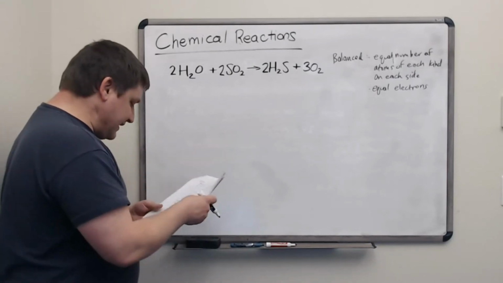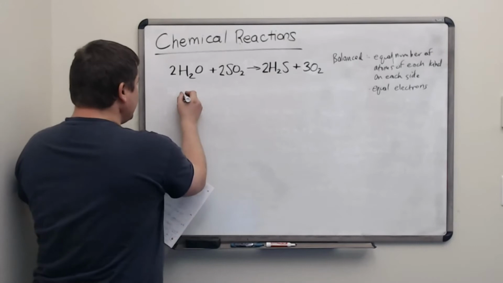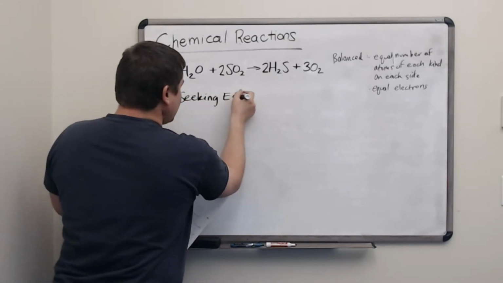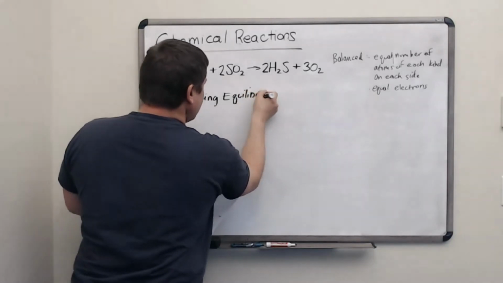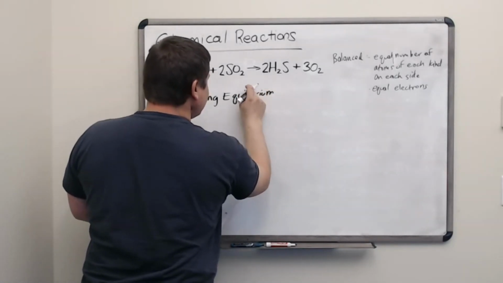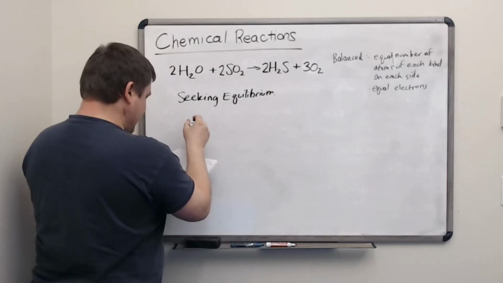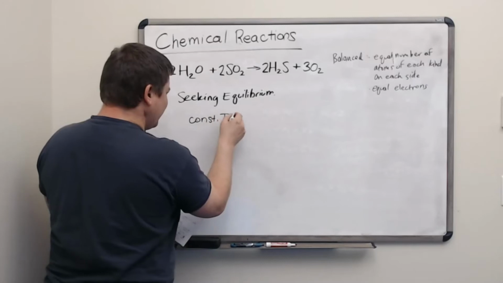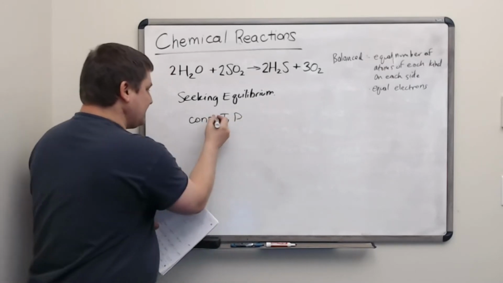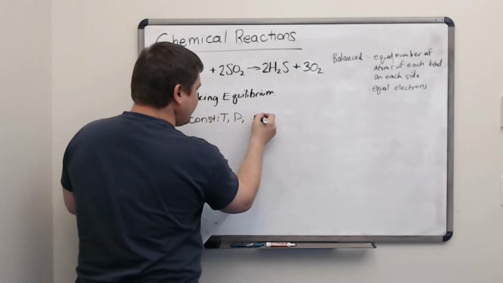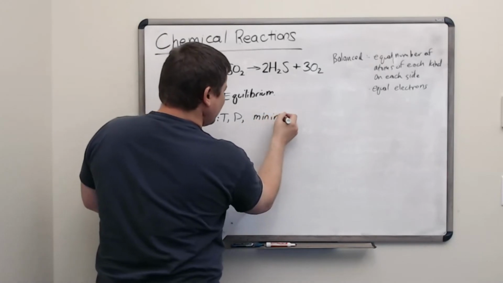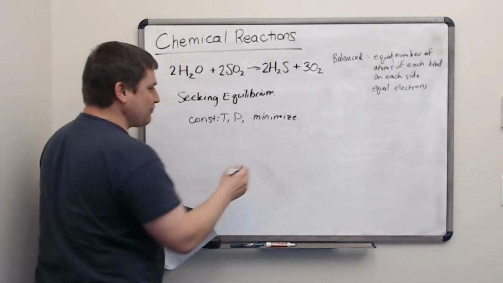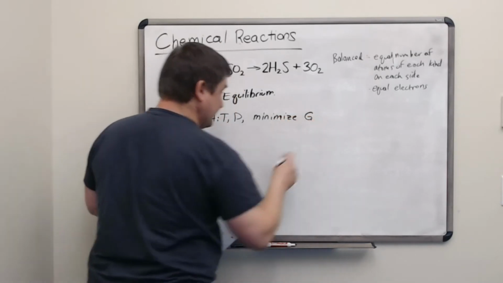So let's just write that down quickly. Seeking equilibrium is equivalent to saying that if we maintain a constant temperature and pressure, nature will spontaneously execute processes that minimize the Gibbs free energy.